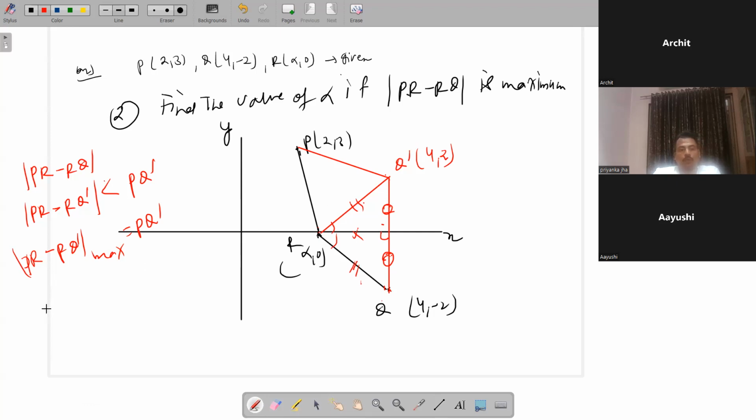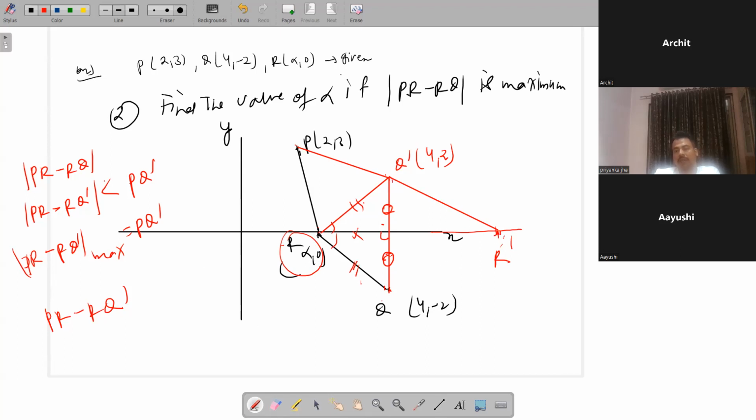PR minus RQ dash has to be maximum and it has to be equal to PQ dash. So suppose I take R somewhere here. If you join this, you can see that PR minus RQ dash is equal to PQ dash.